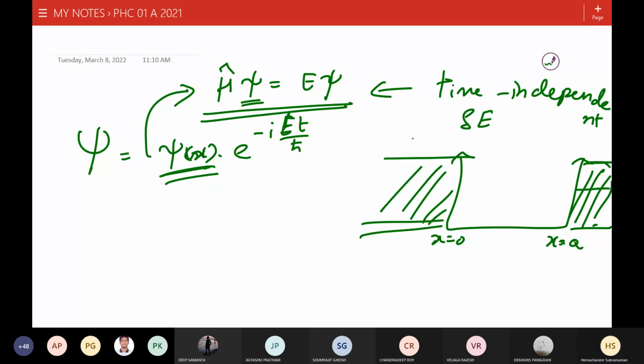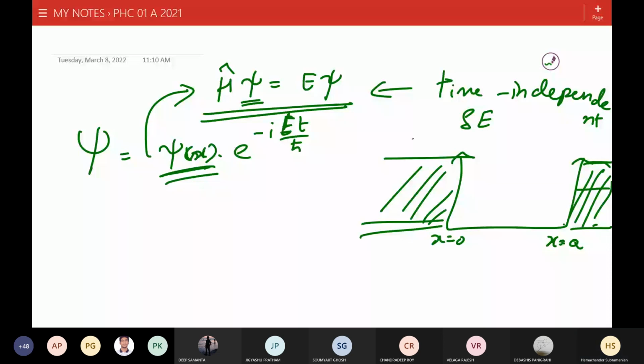It would have to have infinite energy to jump over that infinitely high barrier, but no particle has infinite energy, right?